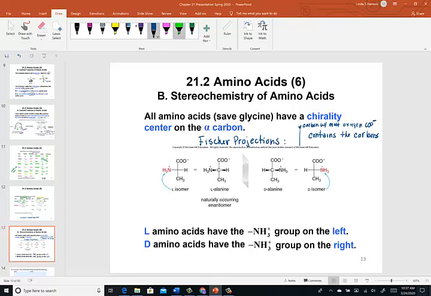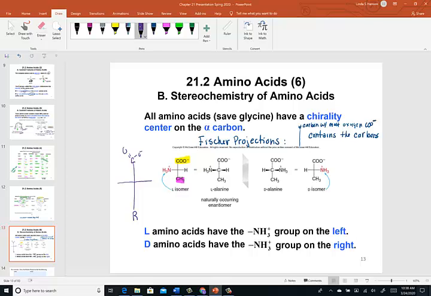See what I'm saying here? The COO negative is now at the top. And then whatever the R group is at the bottom. So on the vertical line, when we're drawing Fisher projections, we'll have the COO negative, and then whatever the R group is here. And then on the horizontal line, that leaves us the nitrogen group and a hydrogen group.